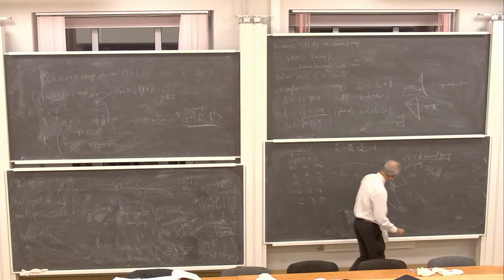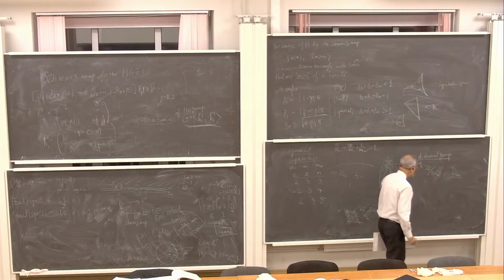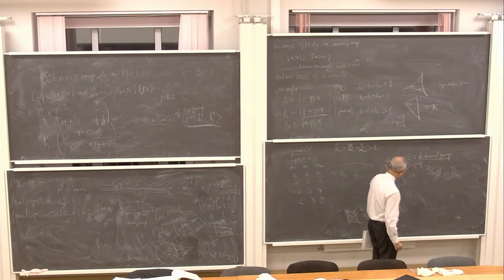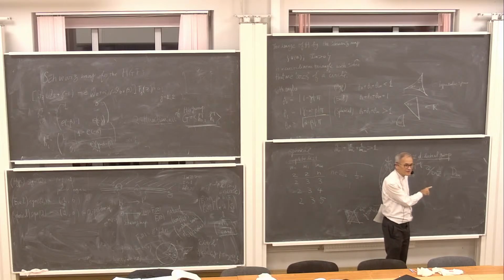I think that the dihedral group, the D2n, is the semi-direct product of Z over 2 with this. Do you remember the definition of the dihedral group? Okay, it doesn't matter.